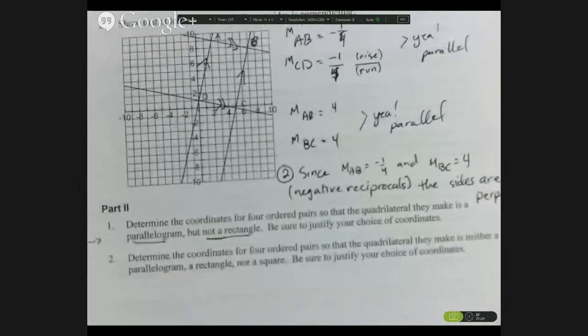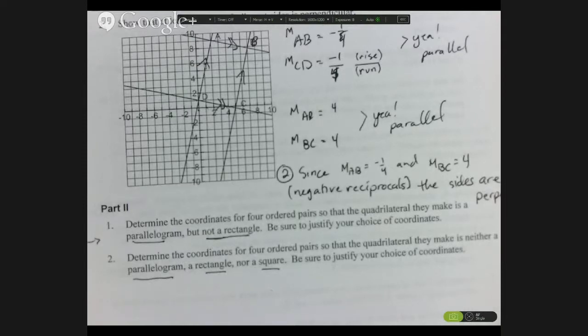And in part 3, you want it to be none of a parallelogram, rectangle, or square. You have to draw a quadrilateral that's not a parallelogram, rectangle, or square, and you have to prove that it is not. Justify using slope for parallel and perpendicular.